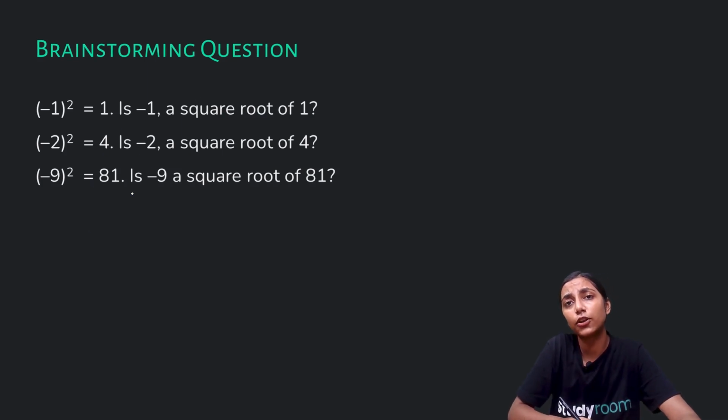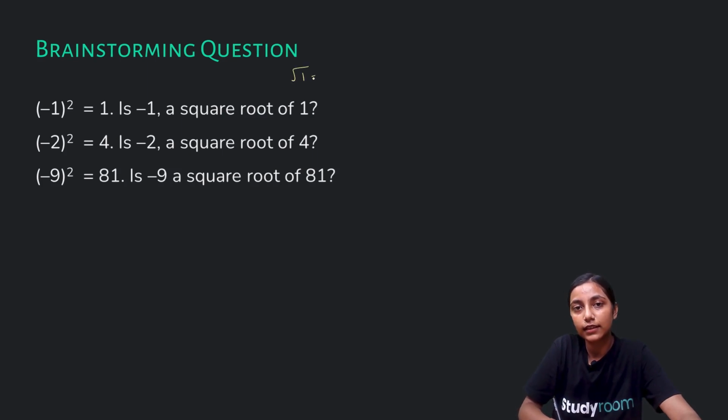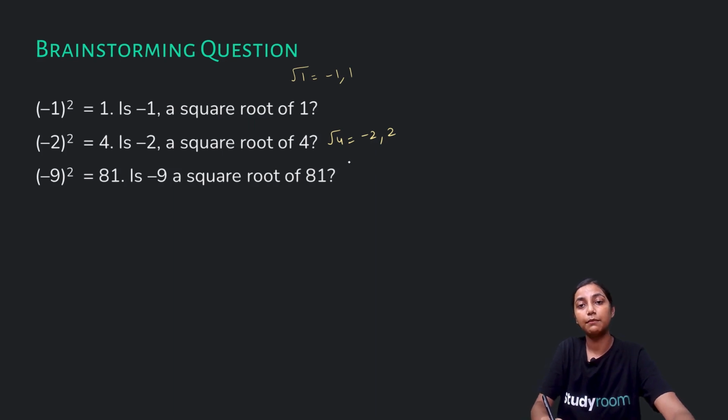Then is minus 1 a square root of 1? Actually, this gives us minus 1 and 1 both. Similarly, this can give us minus 2 and 2 both, because even if we square minus 2 or if we square 2, we get the same answer, 4.